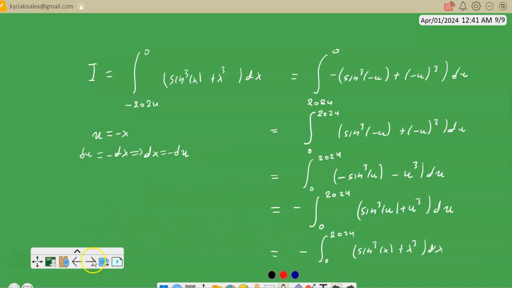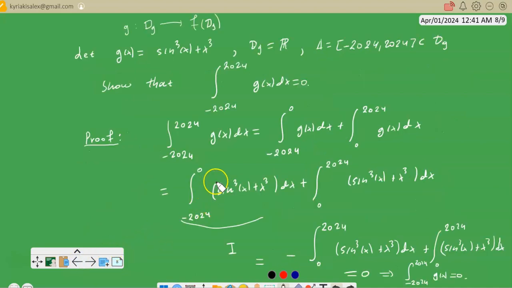And as a consequence, when I go back and compute my integral on the interval delta, using the previous properties, I deduce that this integral over the interval delta of the function g is equal to 0. I could have saved more space if I had first shown that g is an odd function in the domain.